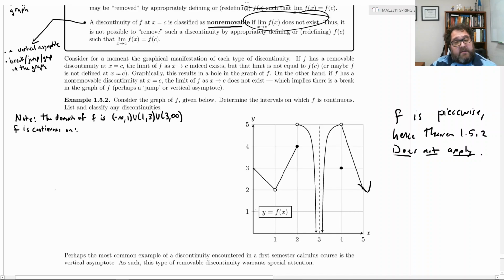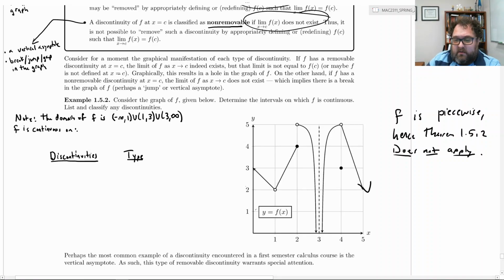We want to figure out where it's continuous, the intervals, but we want to list and classify the discontinuities. So let's look at two columns here. Discontinuities, first column, and then let's say type, I guess, on the second column. Removable versus non-removable. So let's just work from left to right.